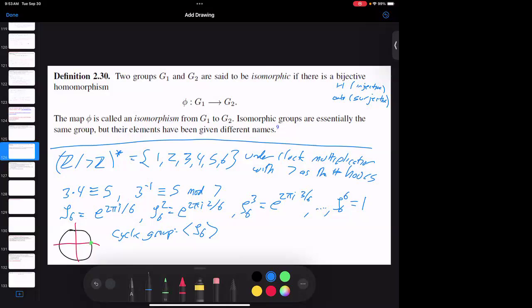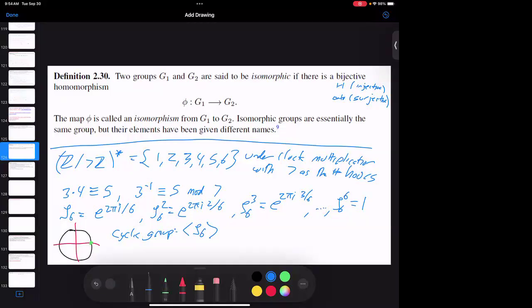Is Z mod 7Z star cyclic? Is that generated by the powers of one element? Could it be generated by powers of 1? No, right? What happens is you keep raising 1 to its powers. 1 times 1 is 1, times 1 is 1, times 1 is 1. Okay, 1 is not going to generate it.